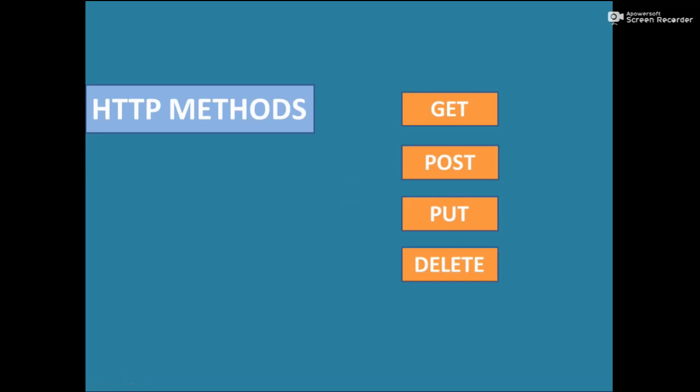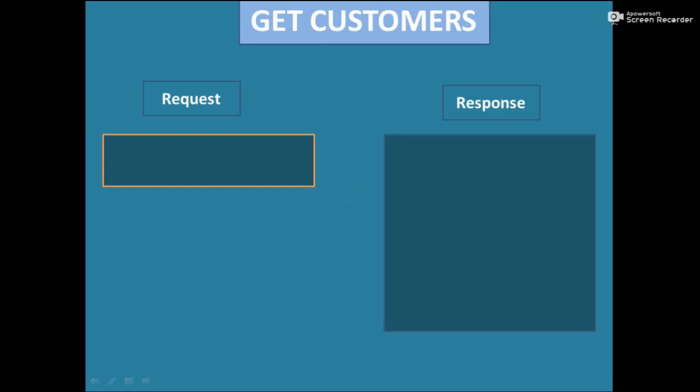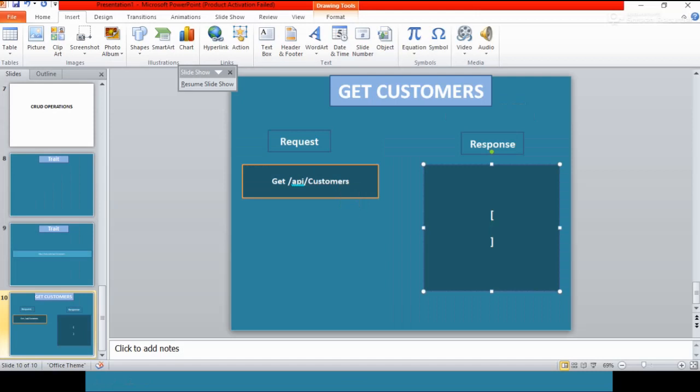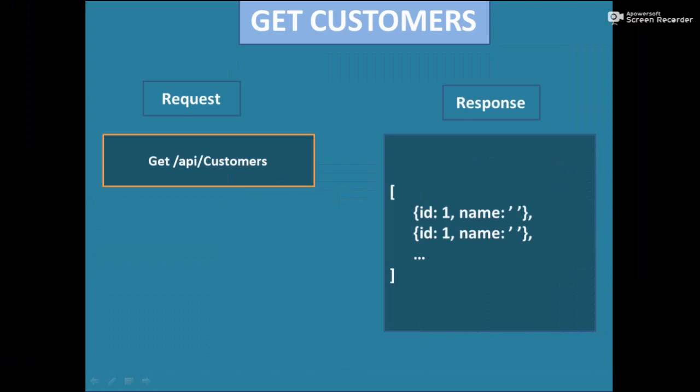Now let's explore each of these using our customers example. To get the list of all customers, we send a request and get the response from the API. This is the HTTP GET request to /api/customers. This endpoint responds with the list of customers using the GET method.